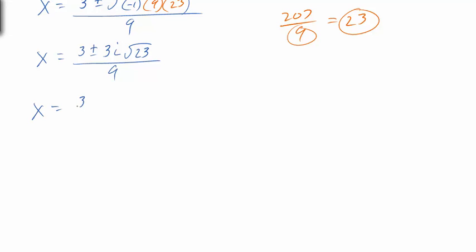So we could take 3 divided by 9 plus or minus 3i square root of 23 divided by 9. And 3 over 9 reduces to 1/3. And then again, 3 over 9 here reduces to 1/3, which would be i square root of 23 over 3.